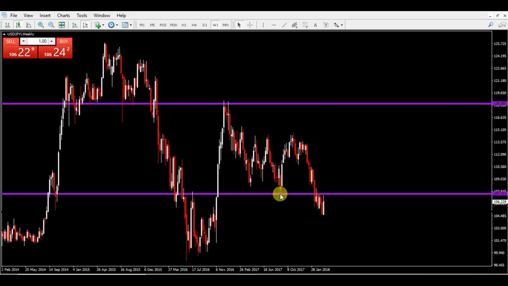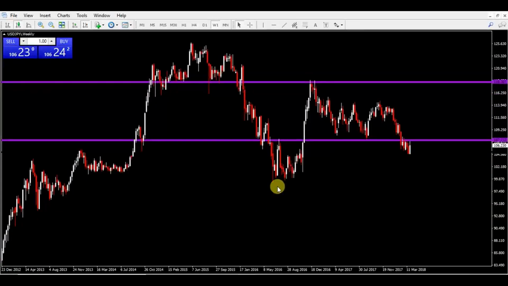So here's another weekly area, for very obvious reasons. The market came down, reacted, went up, broke through, and is testing the underside of this and has been dropping since. If we scroll back, you'll see the market broke through here, came up, retested that area, and dropped.